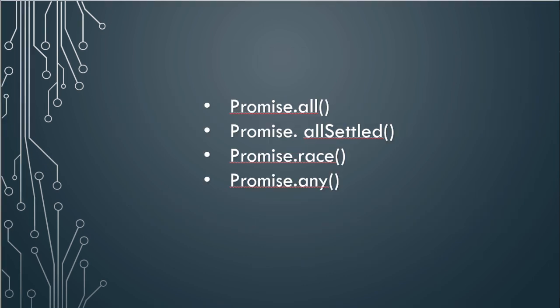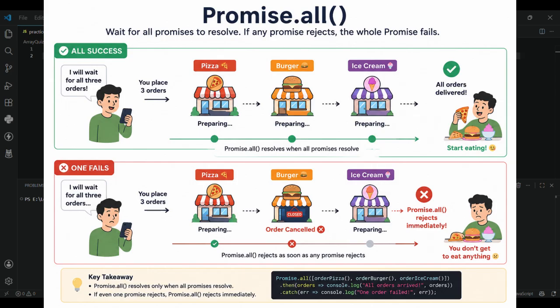The first one is Promise.all. I will explain this with an example. Suppose you are hungry and you want to order three items: pizza, burger, and ice cream. You will order these three items from three different restaurants, and you will wait for all three orders to reach you.